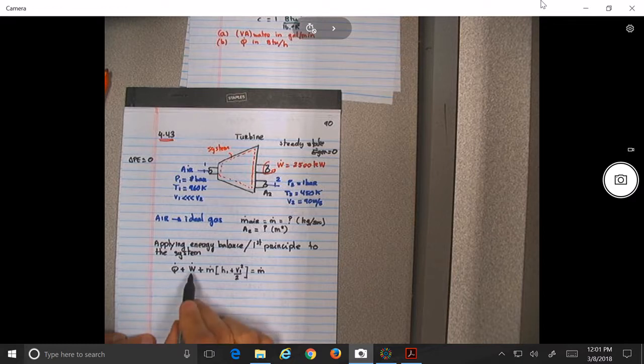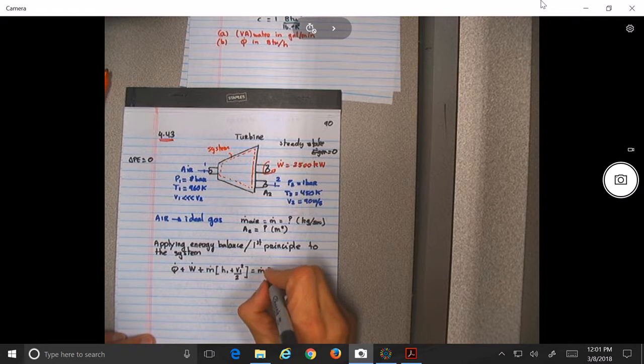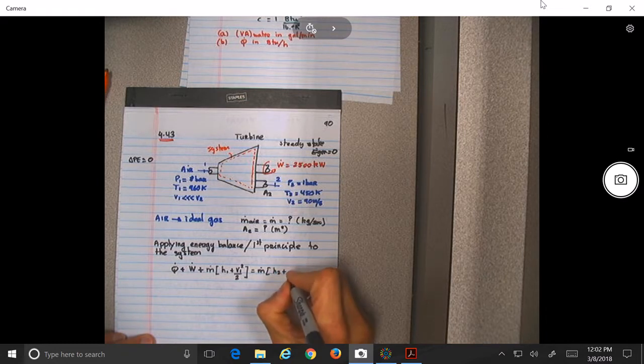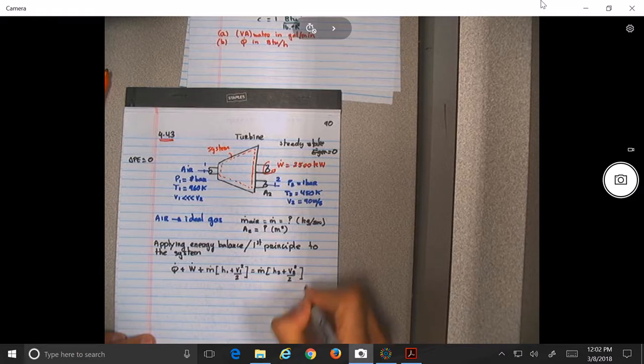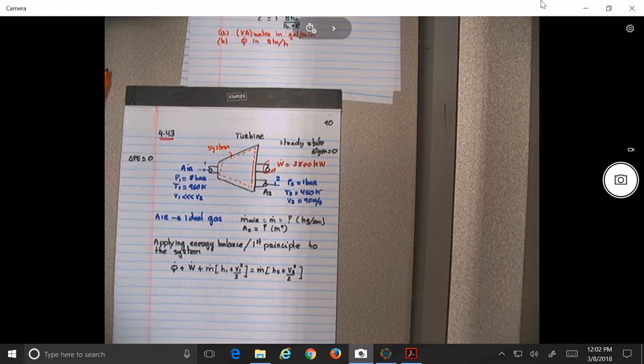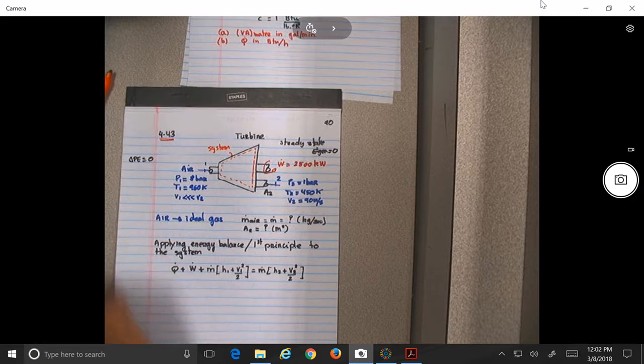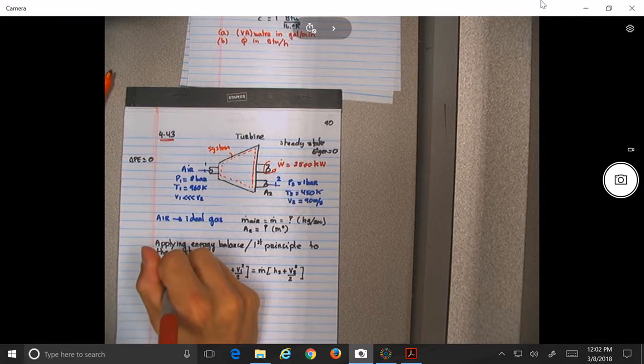You're right, there is work, but it's already there. But what do we have? We have M times H2 plus V2 squared over 2. Okay, so that's the general equation. Now, do we have any heat?